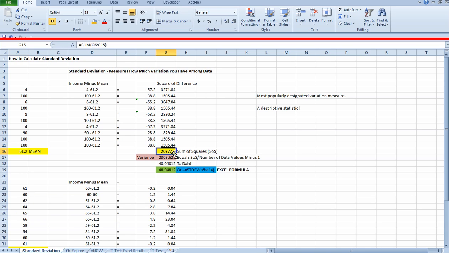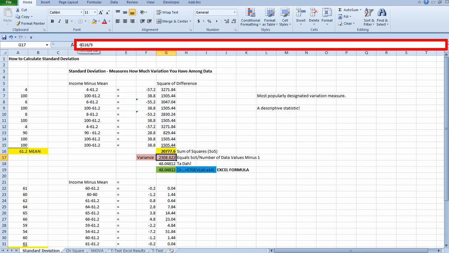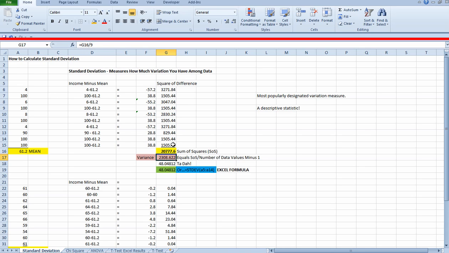So it's 20,777 divided by 9. You can see here, I put into the formula bar equals G16 divided by 9. So the variance is 2608, and the standard deviation, I believe most of you know, is the square root of the variance.